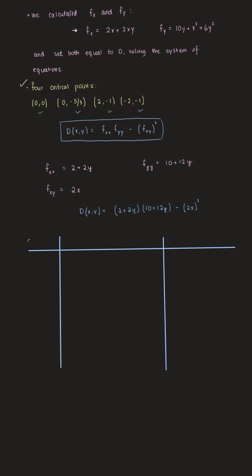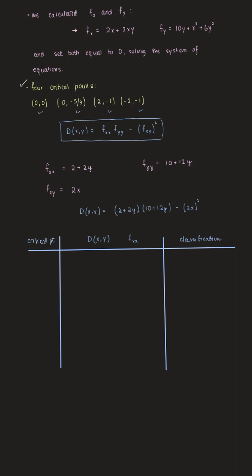This is going to be each critical point. Here we'll have our discriminant, and I really just care about the sign of the discriminant as well as the sign of the second order derivative of f with respect to x. And finally we'll do our classification.